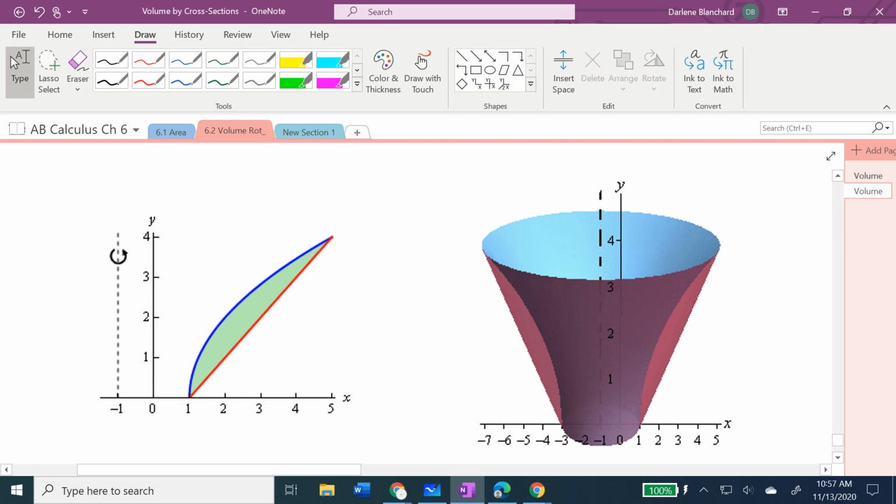And if you are coming out perpendicular to the y-axis, it's a dy. If you're coming out perpendicular to the x-axis, it's dx. So you'll want to find your way of figuring that out. But any vertical axis of rotation, it's a dy. Any horizontal axis of rotation, it's a dx.